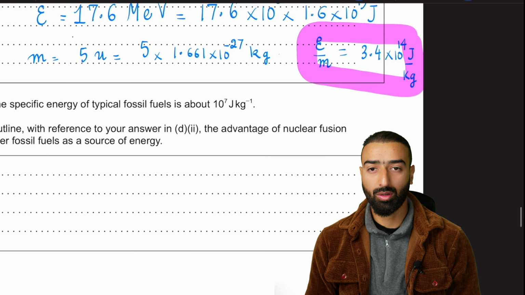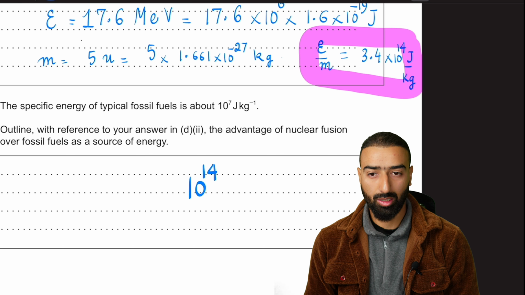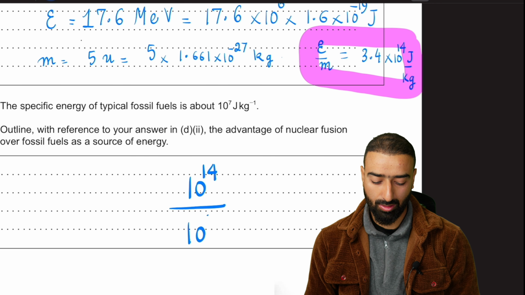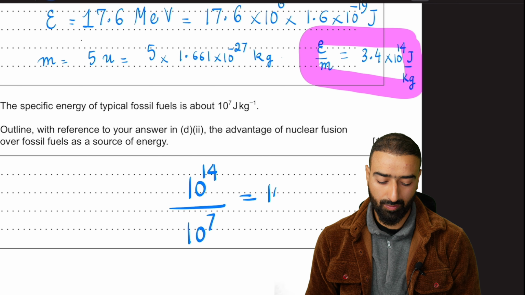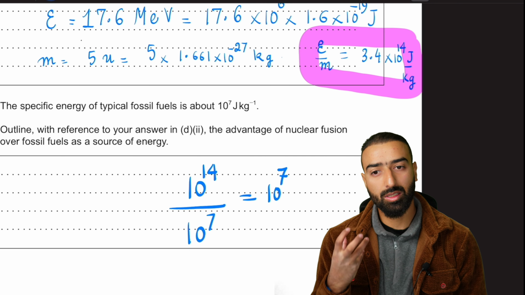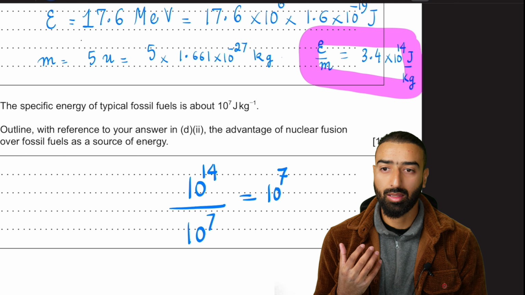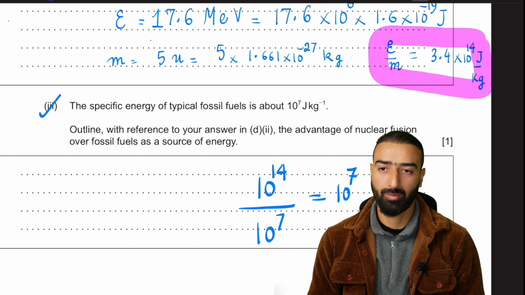So the gain of energy that we get is 10 to the 14 from nuclear fuel divided by 10 to the 7 due to traditional fossil fuels. That's a number of 10 to the 7. So nuclear fuel is about 10 to the 7 times more energy dense than the traditional fossil fuels. And that explains this part of the problem.